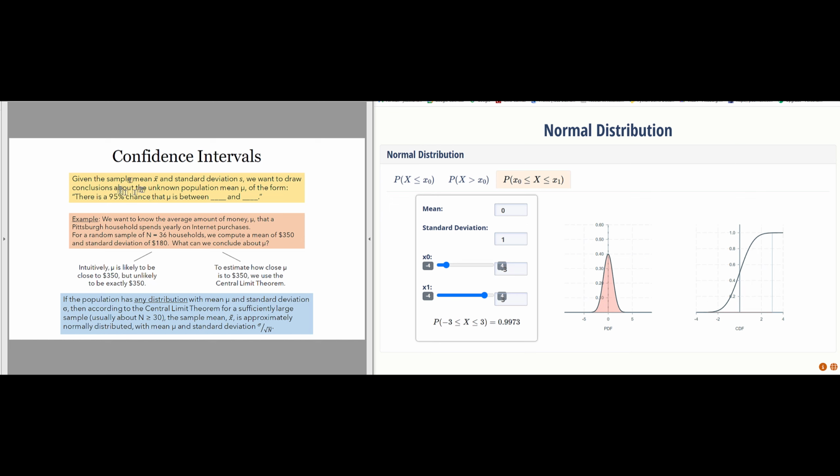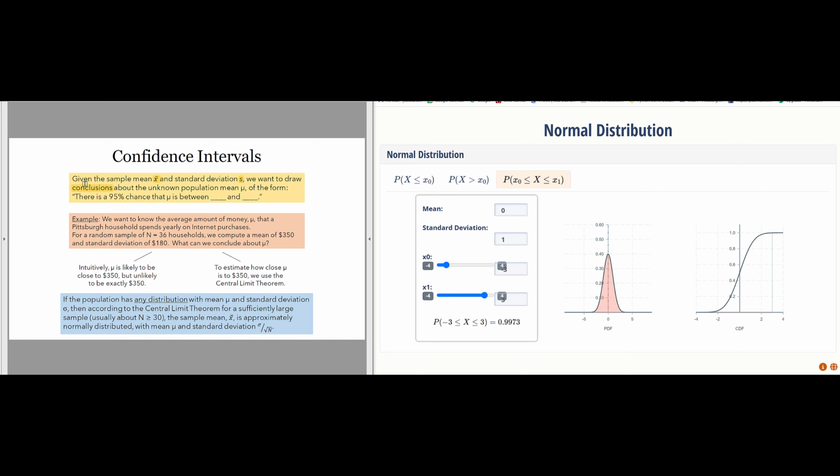Okay, so back to the statement we made a couple slides ago. We've taken one sample of some size n, and presumably we've chosen an n that's large enough that the central limit theorem can be applied. This sample has a standard deviation of S. We want to draw some conclusion about the unknown population mean.